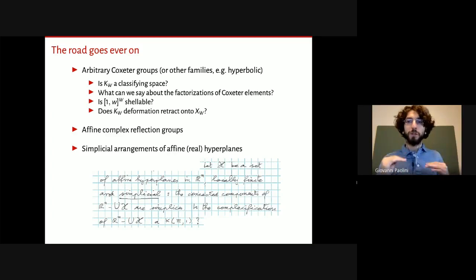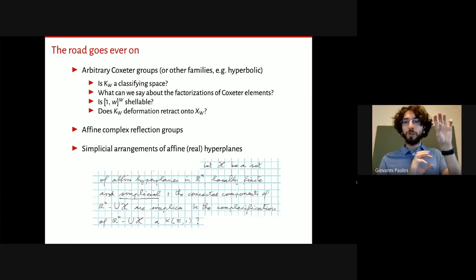So what we talked about today was real reflection groups, but you can ask the same questions for complex reflection groups, which are a generalization of real reflection groups. So Bessis did it for finite complex reflection groups.